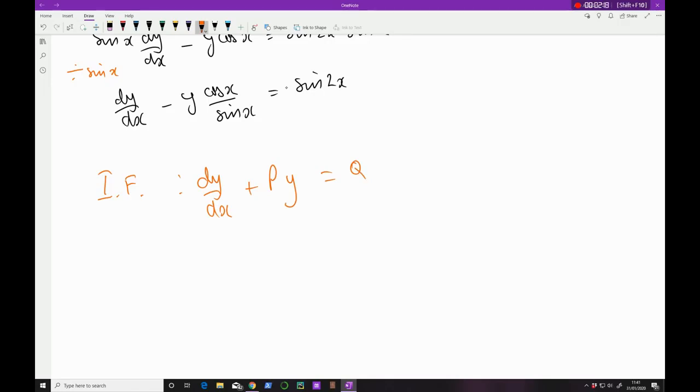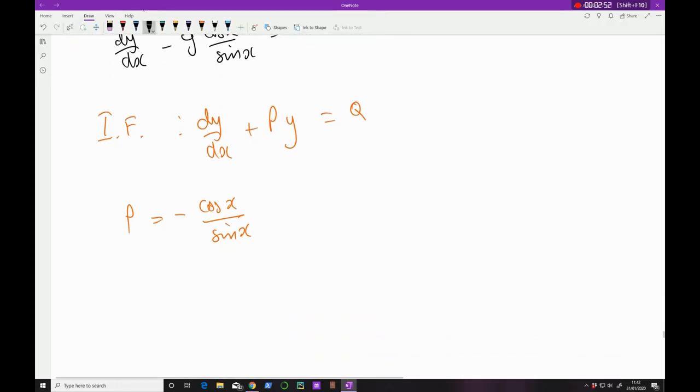I always like to respect the plus here and not have to mess around with a minus, so p should be a minus. Just put it in the form of plus p y, so you're left with the plus y. So p therefore equals minus cos x over sin x.